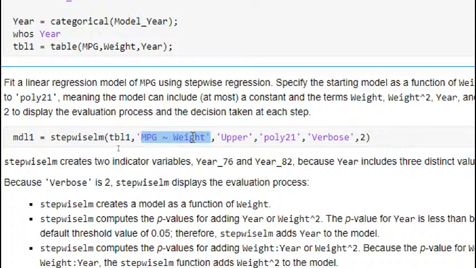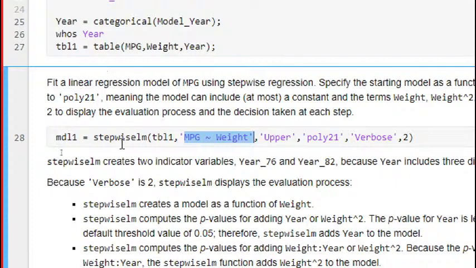This is my lower value, and upper will be polynomial of 2 degree and 1 degree. So how many kinds of equations can be in this case? Your equation can be weight square plus year plus weight, or your equation can be weight plus year plus weight into year. So multiple kinds of equations can be created again.